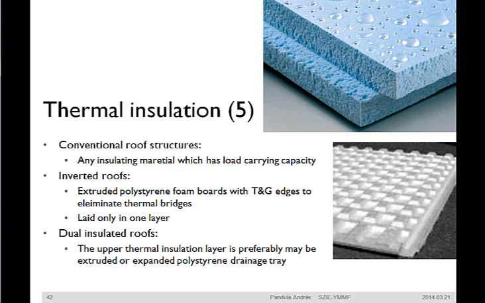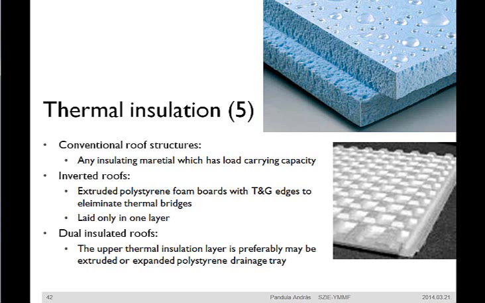These thermal insulation boards can be laid only in one layer, otherwise a water film could be formed between the layers, which works as a vapor barrier. This is a limitation of inverted roofs. That's the reason why in case of passive houses the dual insulated roofs are spreading.